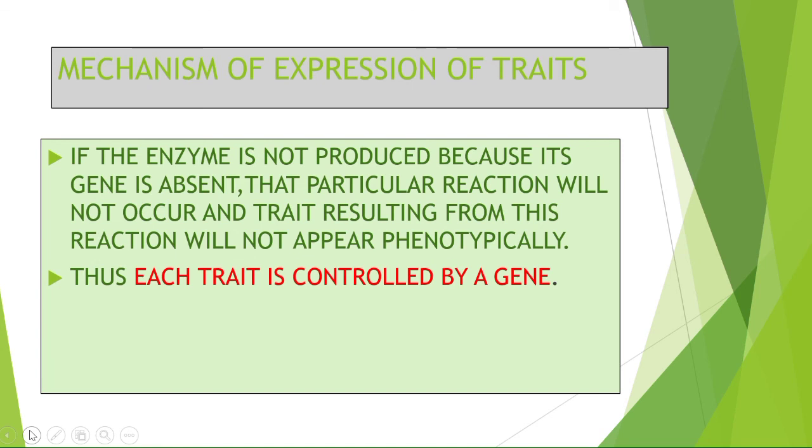If the enzyme is not produced because of the absence of genes, that particular reaction will not occur, and the trait resulting from this reaction will not appear phenotypically. Thus, each trait is controlled by a gene.